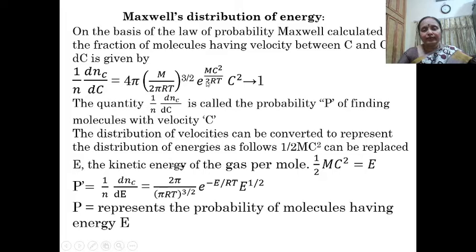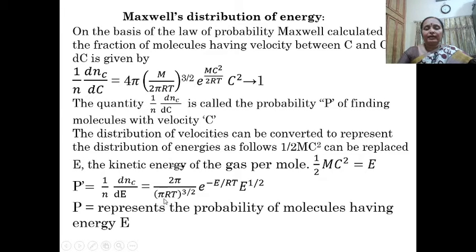Here this term, 1 by 2 mc square, can be made as energy, so this term can be replaced by the term E. The kinetic energy of the gas per mole is 1 by 2 mc square is equal to E. So substituting E instead of 1 by 2 mc square, the equation is going to be represented as P dash is equal to 1 by N dNc by dE.